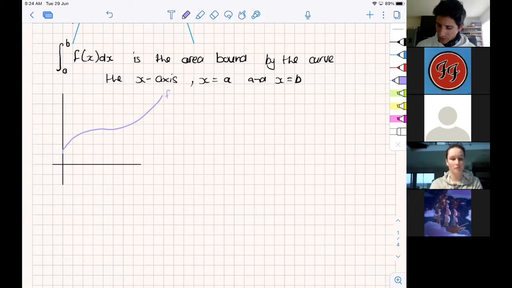And I'm going to call this guy f of x, right? Which means that my axis, I have x, and this will be f of x. Okay? So what this integral tells me is that if I want to find the area under the graph, right? So let's start at A to B. So let's make B over here.